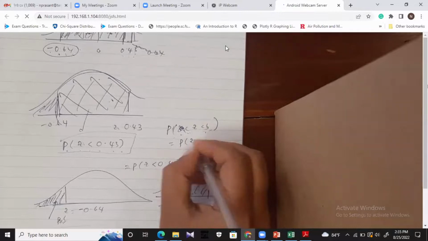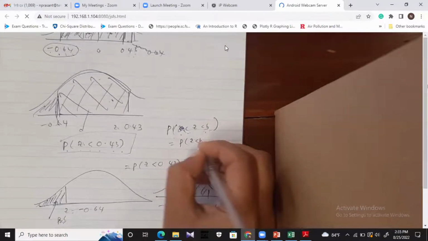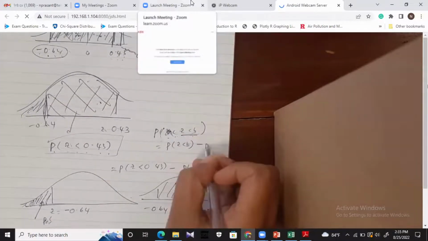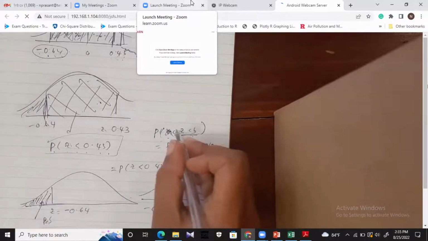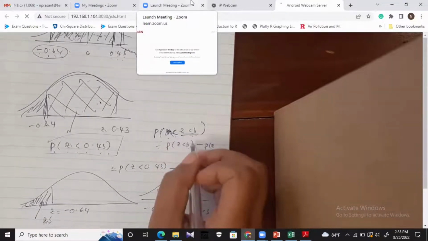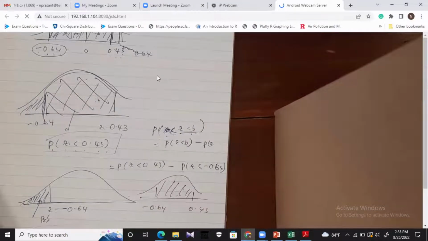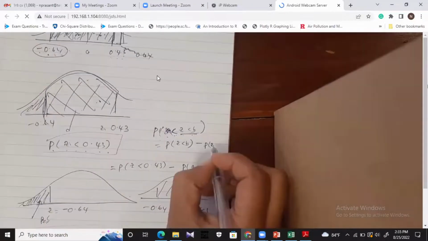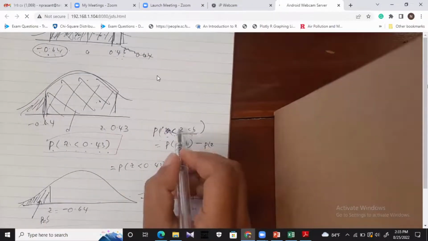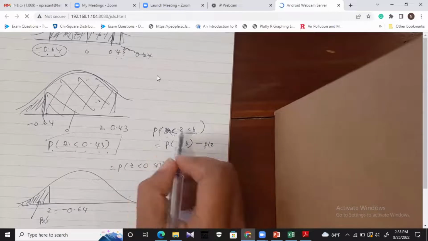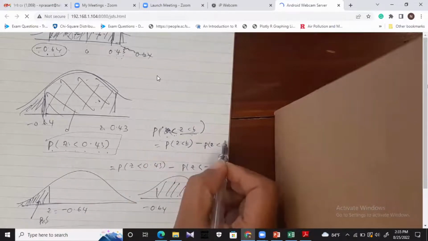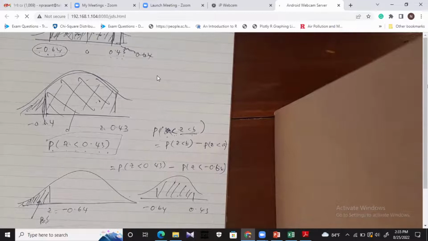P Z less than B. First write this. Minus P Z less than A. Do not write Z greater than A, right? That should be again Z less than A. Then only it would be correct.